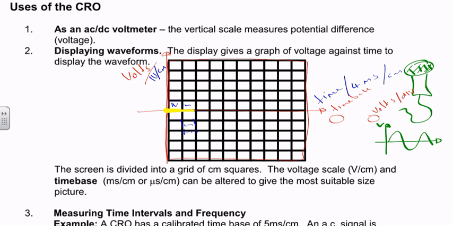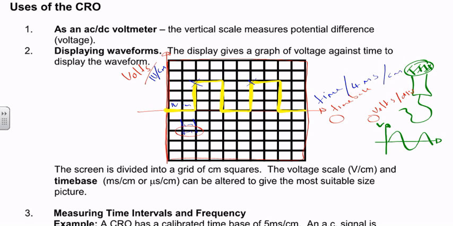So if we had some sort of wave on here, and it went along like this, and we wanted to measure, let's say, the time from here to here, then we look at this scale.